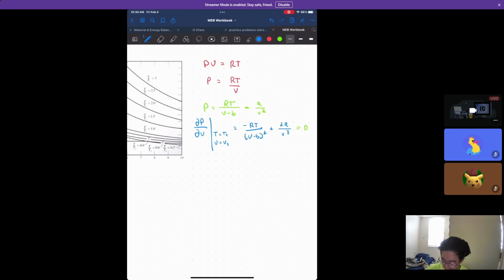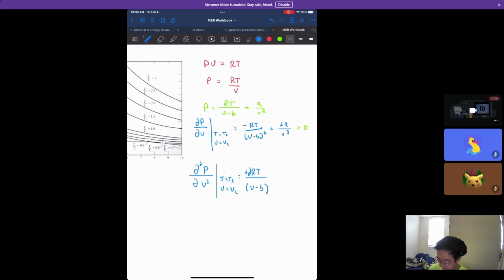Next, we partially derive again, so this is now the second derivative of the PV function, the isotherm at critical temperature, assuming that the temperature is equal to the critical temperature and the volume is equal to the critical volume. This is equal to positive, this time because negative times negative, RT over (V minus B) to the 2.